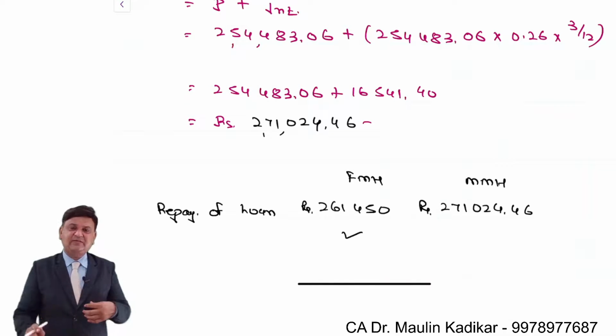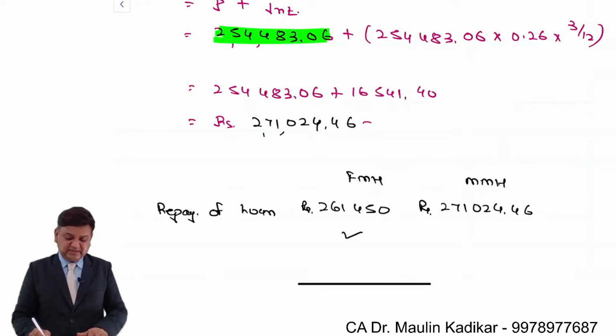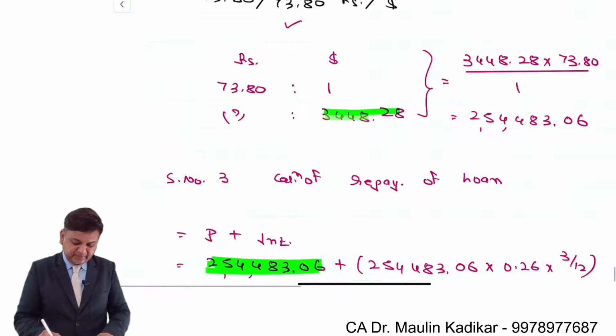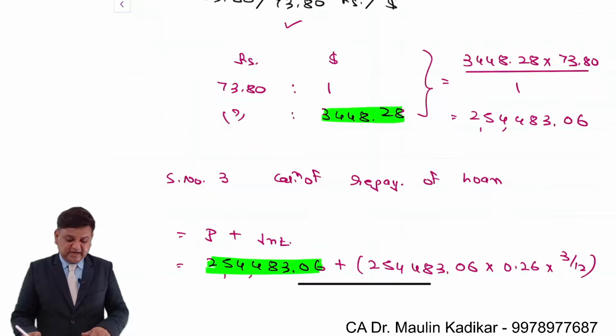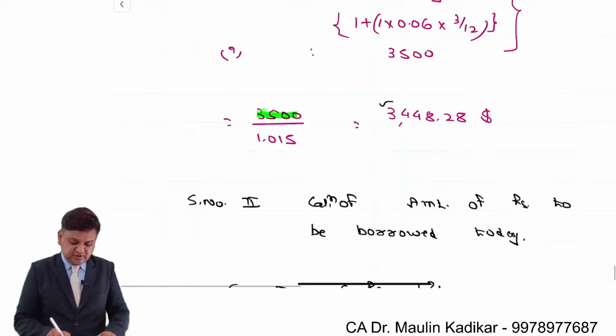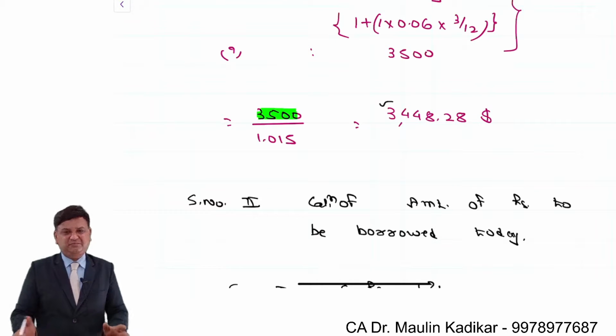So friends, in summary, this is the amount of rupees that we have borrowed. We have entered into the spot transaction for conversion of rupees into dollar, and this is the amount of dollar that we have invested, and with that the maturity amount of the deposit that we get is $3,500. This is paid for the import that we have made.